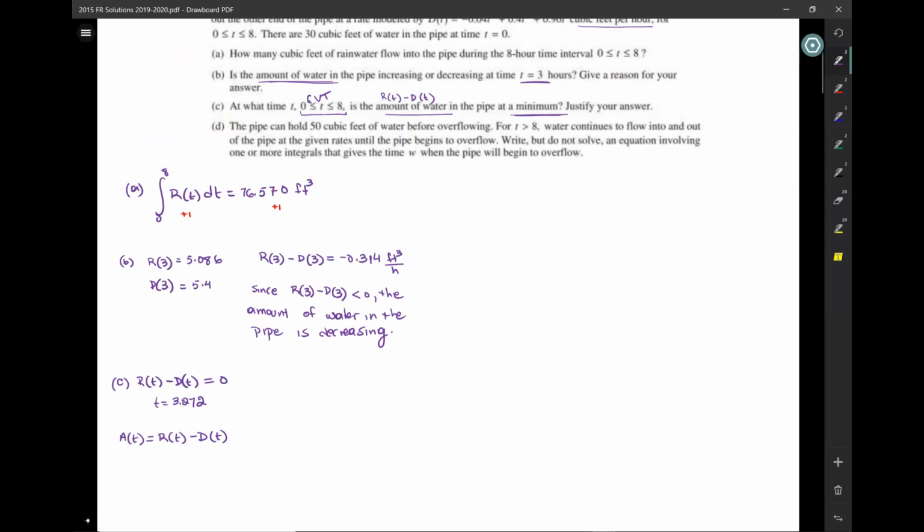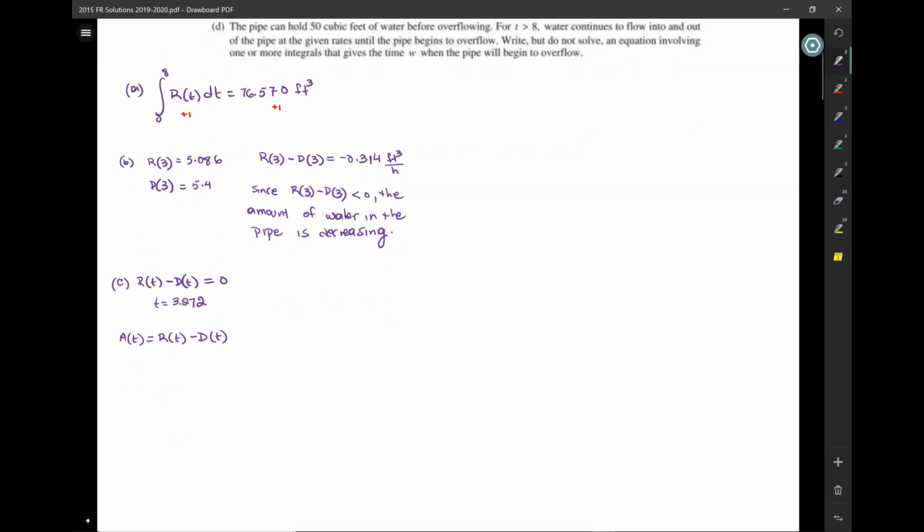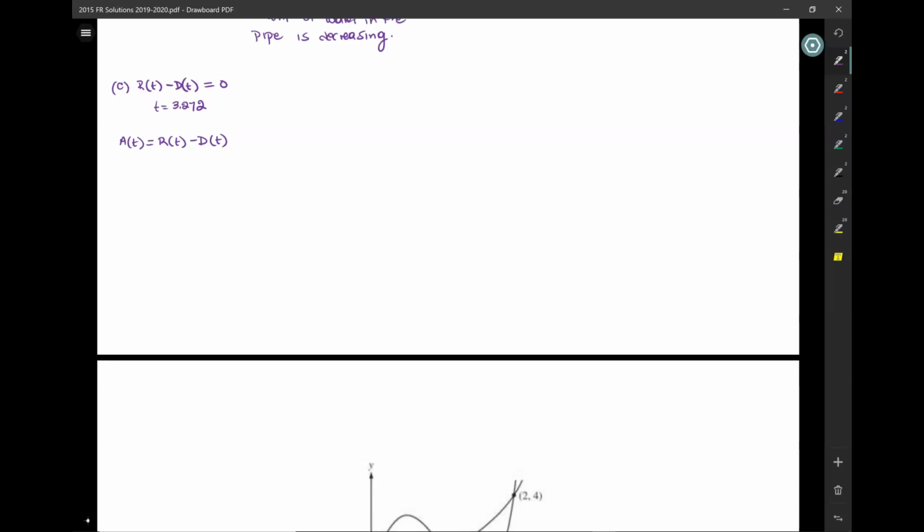We want the amount of water in the pipe. So what we're really looking for is A of t equal to A of 0 plus the integral from 0 to t of R of t minus D of t. That's really what we want to test to see if it's a maximum or a minimum.